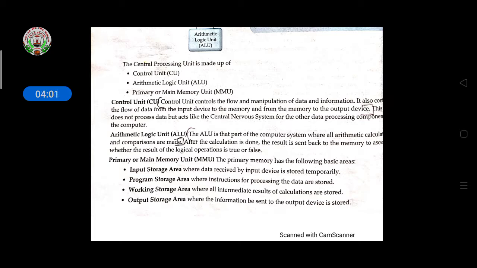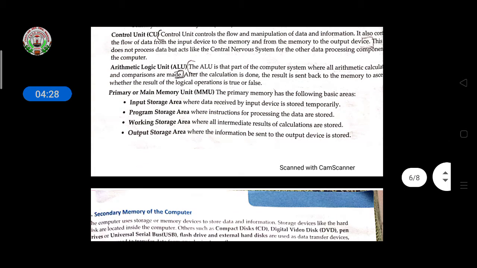So in the arithmetic logic unit, all the arithmetic calculations are done, then comparisons are made, and after that the result is sent back to memory, and then they check whether the logical operation is true or false. Like this it works.